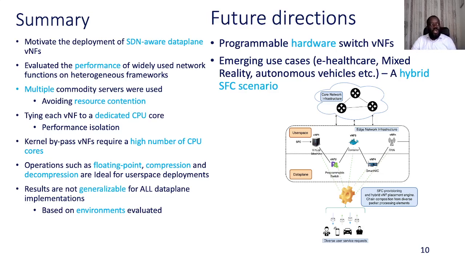Since we have not considered all data plane implementations, we cannot claim that our results are generalizable for all data plane implementations out there. This is based on the environments we've evaluated, and we have detailed that in the paper.